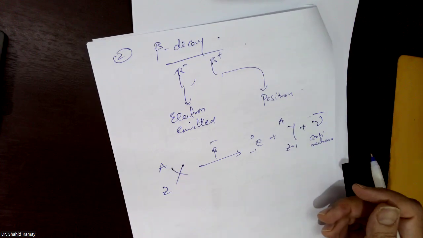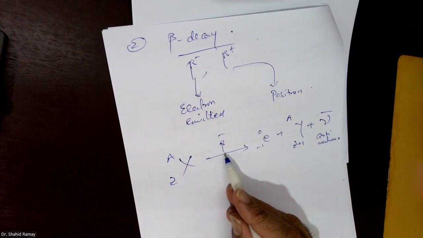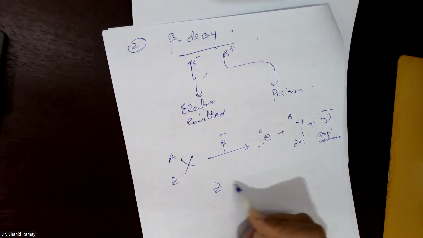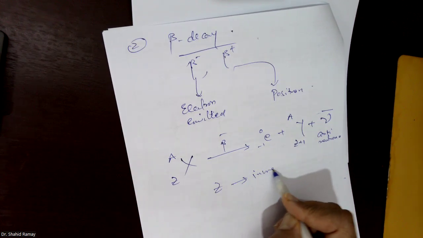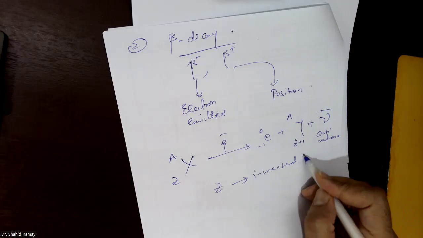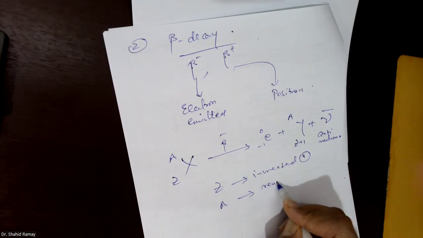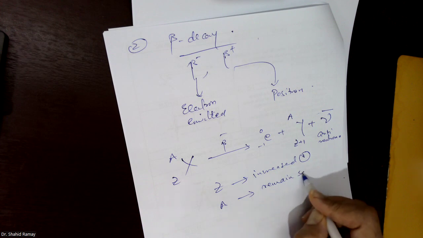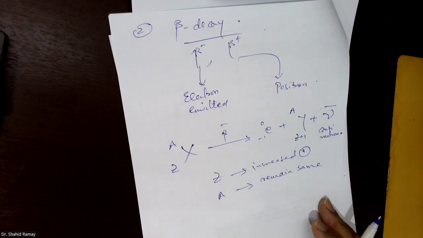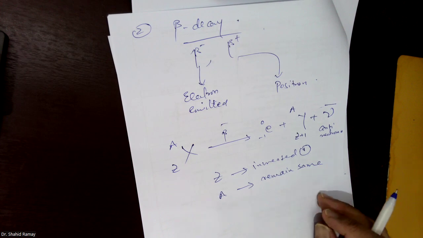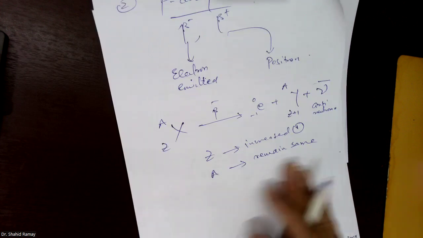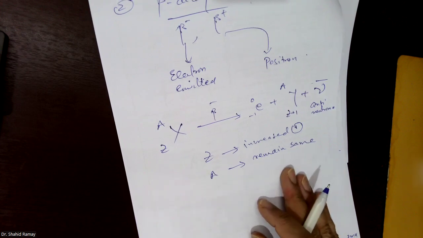So in case of beta negative, Z is increased by 1. This is important. And A remains same. But in case of alpha decay, Z is decreased by 2 and A is decreased by 4. So this is called beta negative.